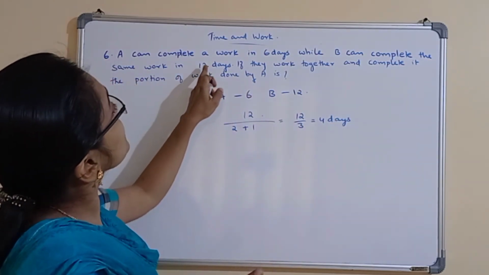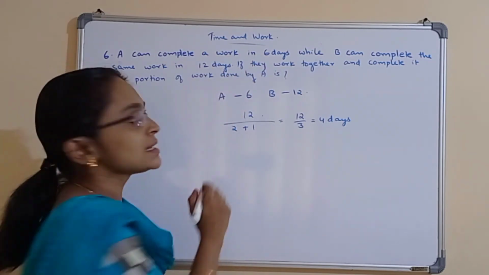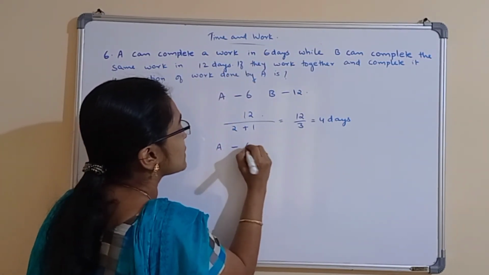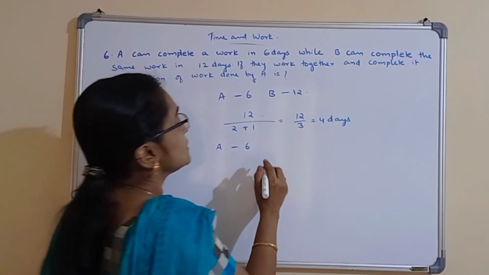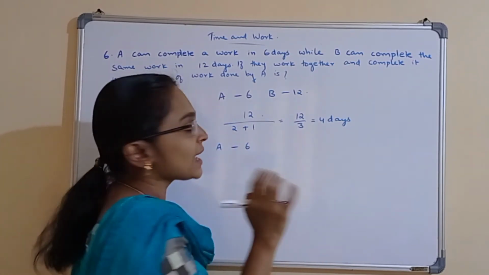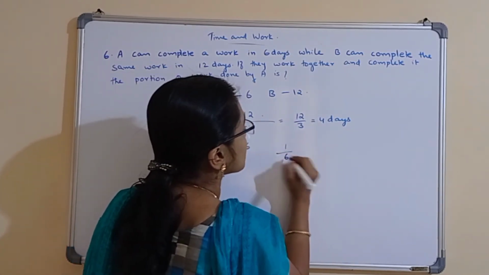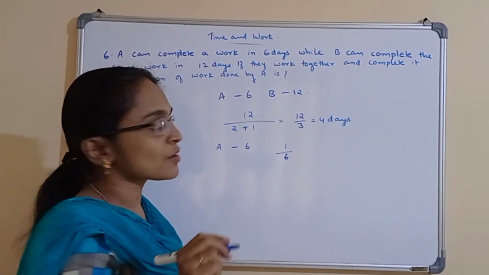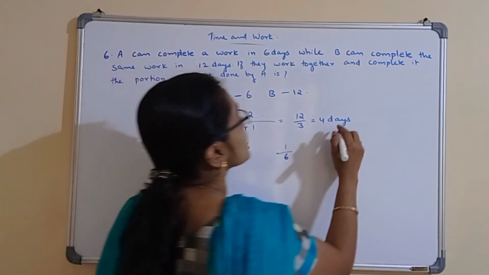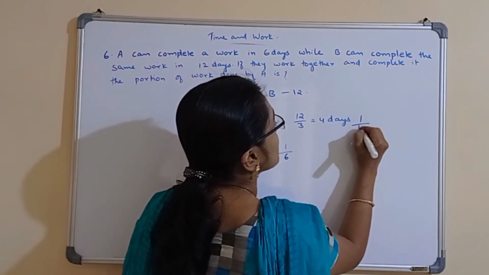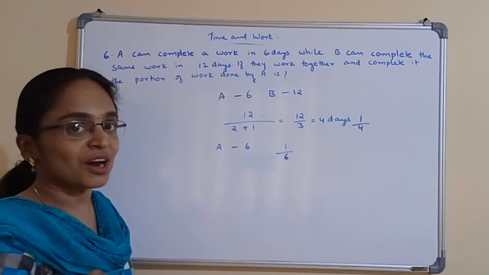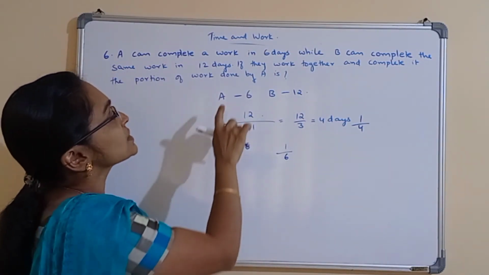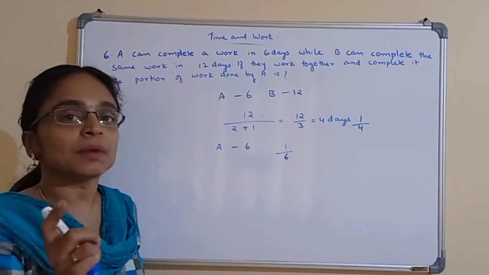And given that A will complete the work in 6 days, in one day A will do 1 by 6 of the work. And A plus B will complete 1 by 4 of the work in one day. So, what is the portion of work done by A?